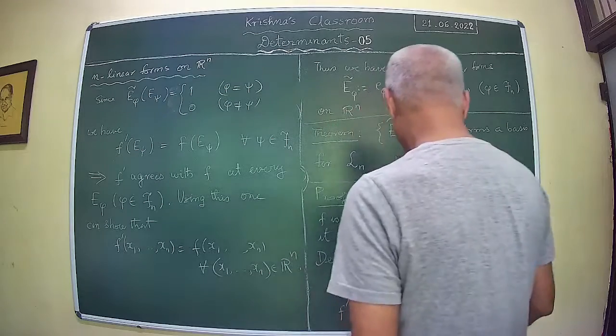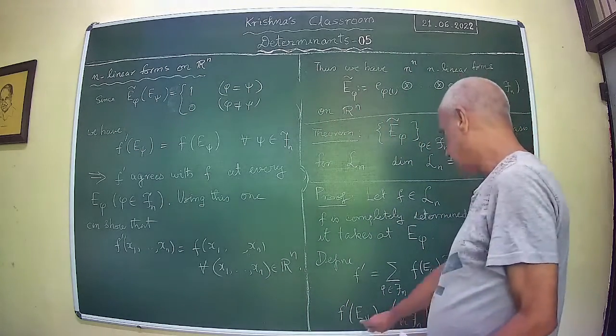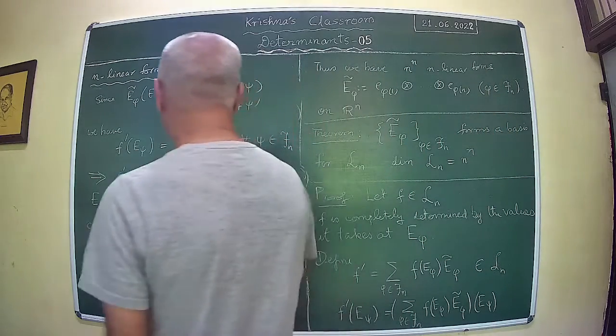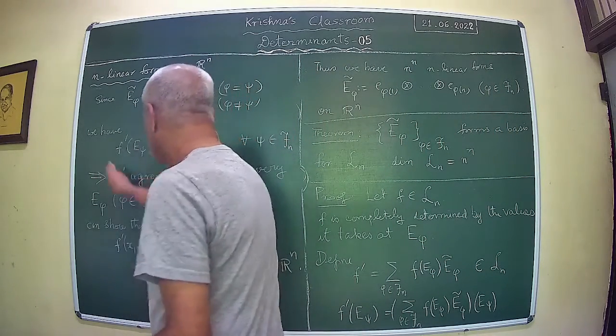See, we have f prime at each side equal to f of each side. So use this.